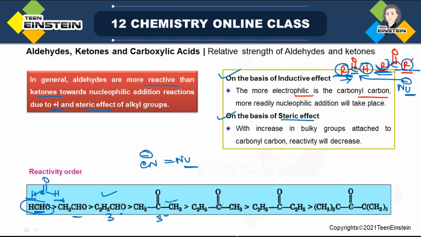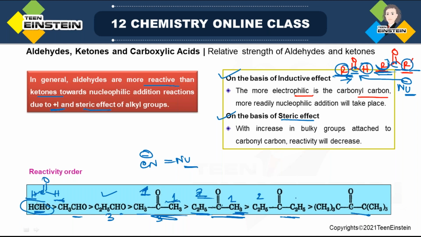Then now we do not have any aldehyde. All these 4 examples are ketones. Now if you compare ketones, here you have a methyl group on both sides. In the next structure, 1 methyl group is still there, but on the left hand side 2 carbons. So it is 2, 1, this is 1, 1.